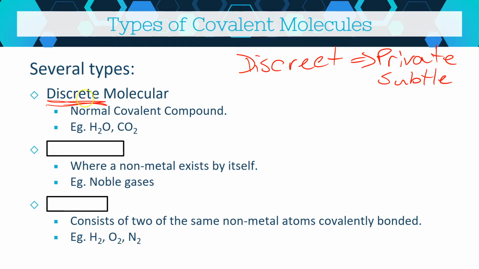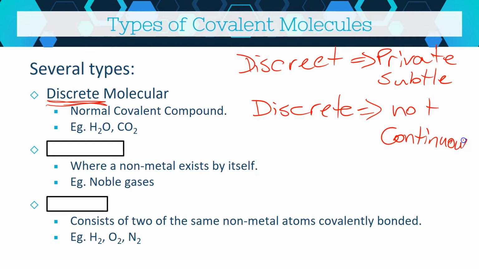Okay, this discrete actually means not continuous. So there are actually 2 different words, and it's worth you knowing it, particularly if you are doing advanced maths as well, because that's the sort of word that will come up, and you need to know the correct spelling. Don't worry if you didn't know, a lot of people don't realise that.